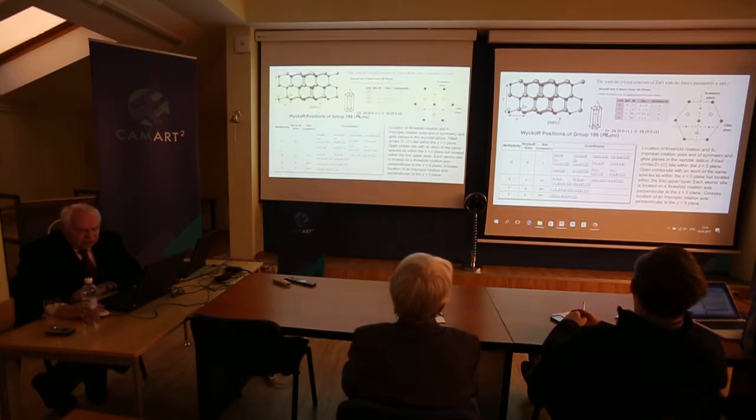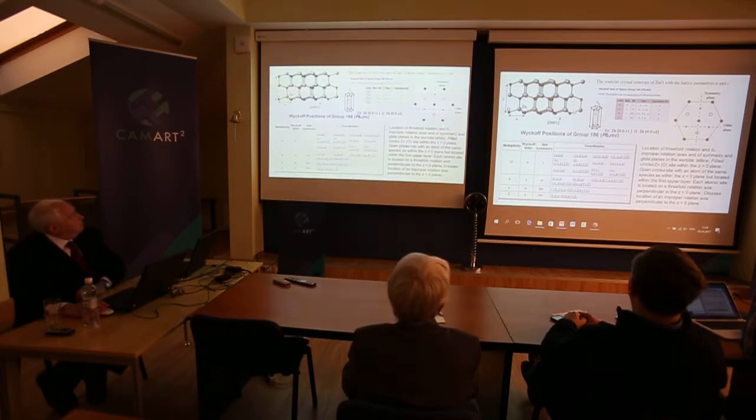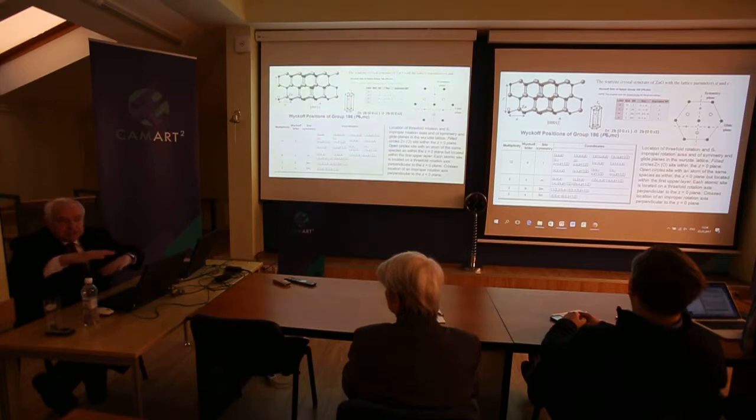What do crystallographers give? As usual, they give the number of the space group. Now we understand that this is a hexagonal lattice. 6 order axis, but this is a screw axis. Why? Because, if it's clear from the picture, you have in one layer 2 planes. One is a silicon plane and the second is an oxygen plane.